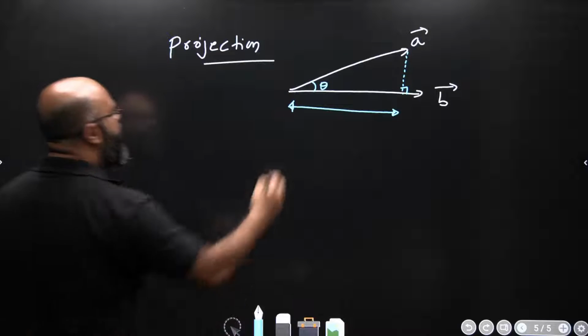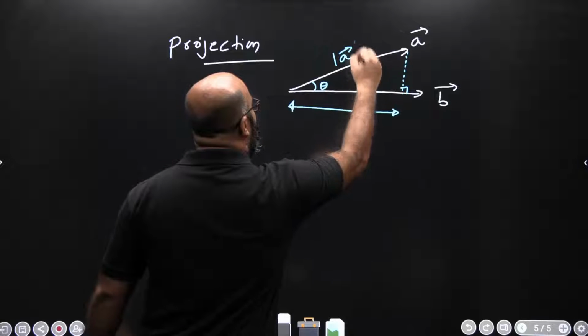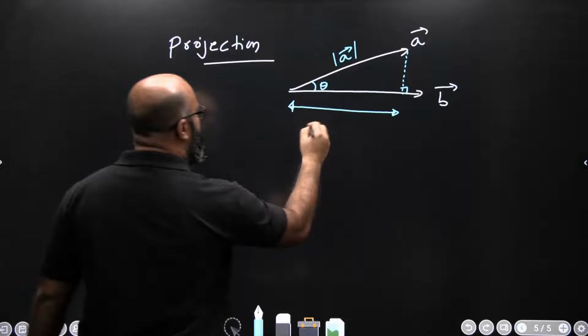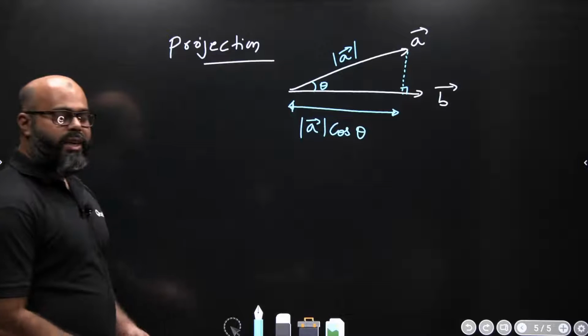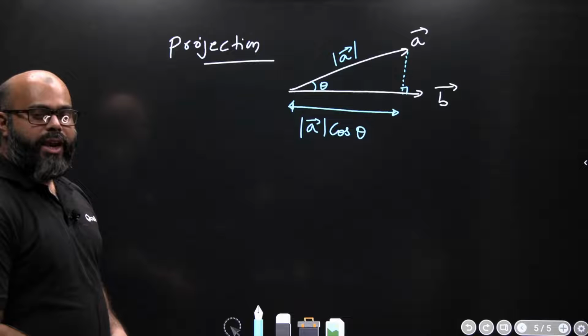Can we say that this is the magnitude of A? Of course. So this projection would be mod A cos theta. Now we don't know what theta is, but we know how to calculate cos theta.